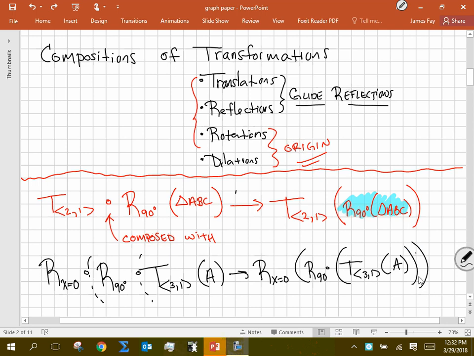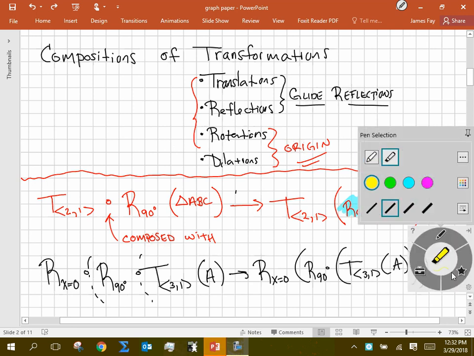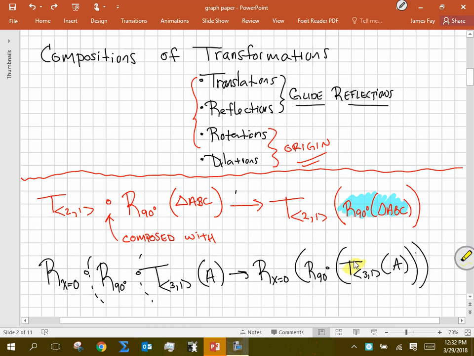So these two parentheses are the ones that would close those two first parentheses off. But now you can see that you work on your innermost parentheses, and that's just this point. That's your pre-image. And now this notation tells us that we're going to do that to that point A, and that's going to turn into A prime.